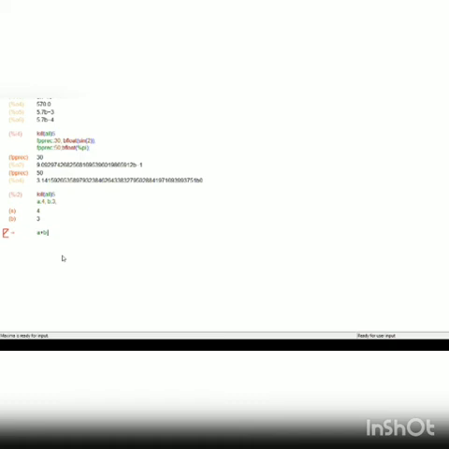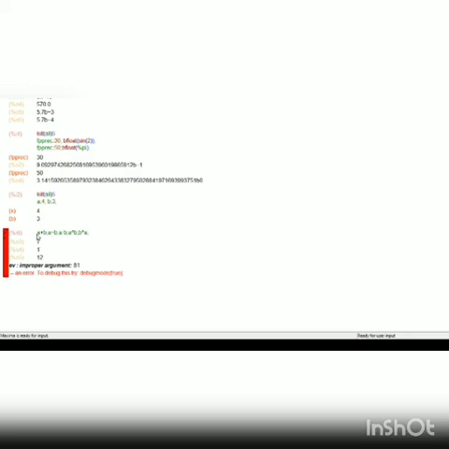A plus B, and I want to find A minus B, and A into B, and A to the power of B, and B to the power of A. Let's see. Improper argument. Let's see what it is.